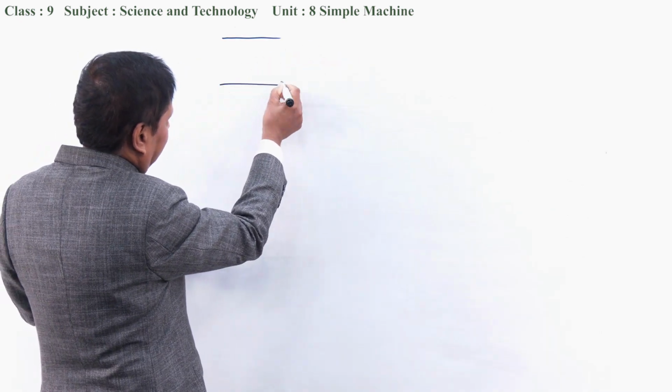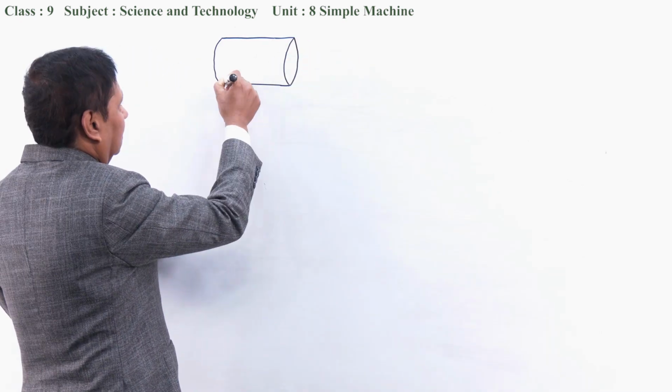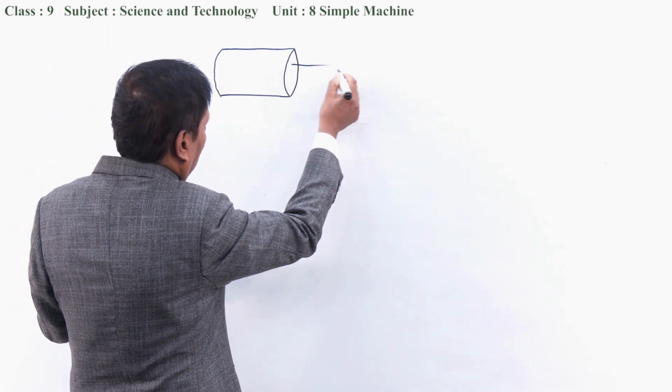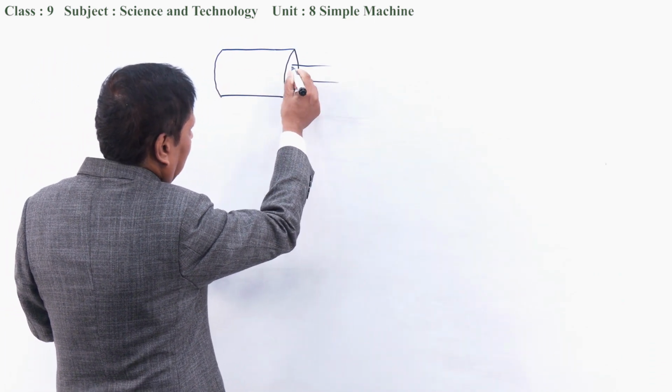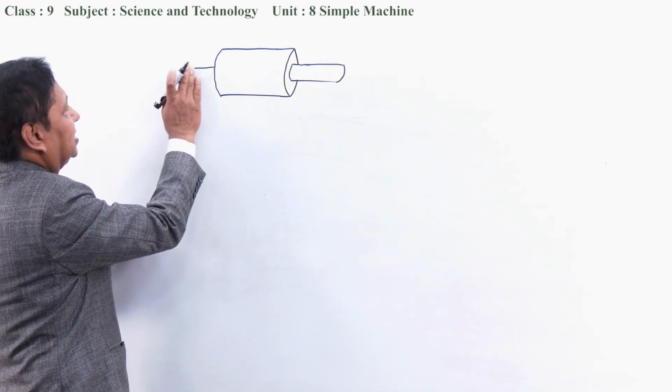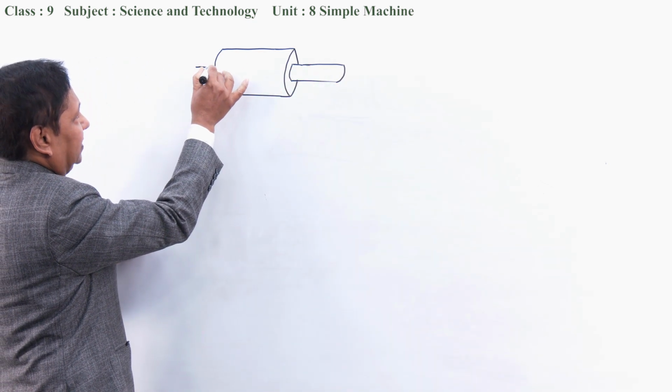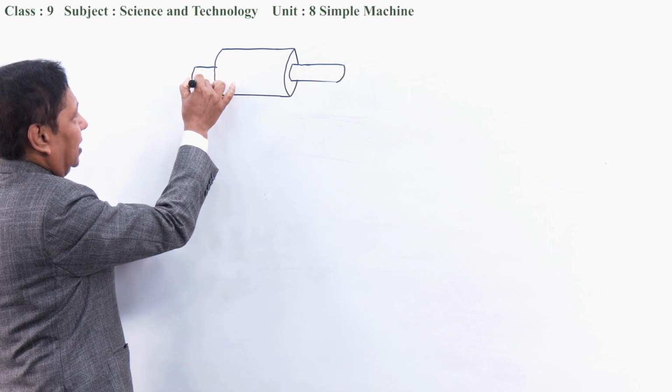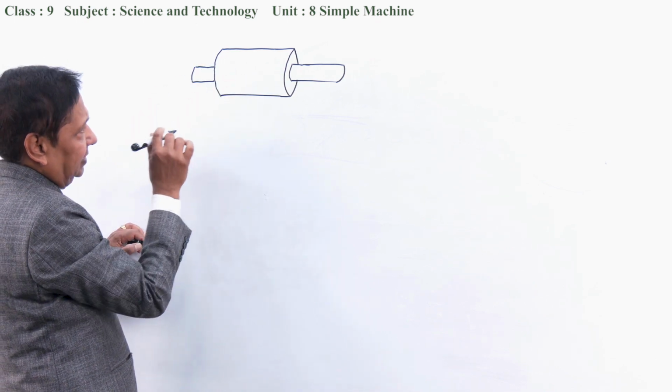This is the wheel. The bigger cylinder is called the wheel, I told you just before. And an axle is inserted into it in such a way that both of them can rotate on a common fixed axis.